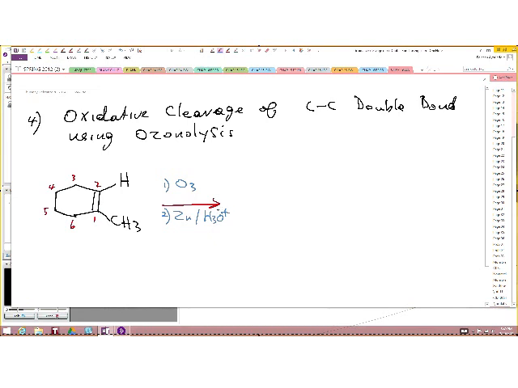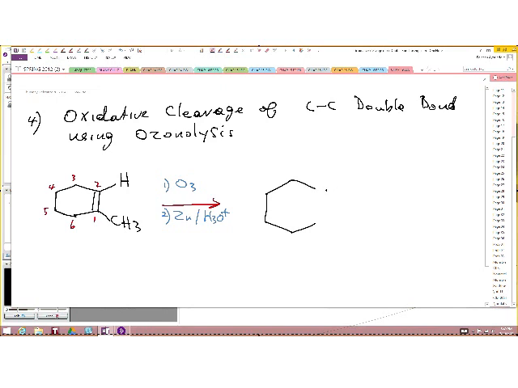Okay, which of the carbons will become the carbonyl of an aldehyde? 2, exactly. The carbon that is attached to hydrogen becomes the carbonyl of an aldehyde, and the carbon that has no hydrogen attached to it becomes the carbonyl of a ketone. That we already know. So therefore, the product will be this.